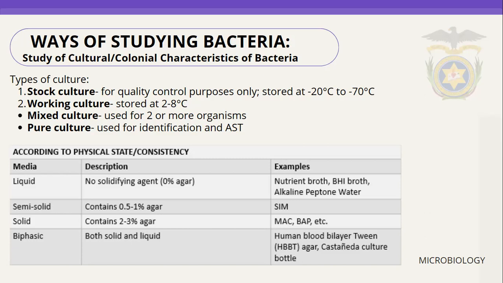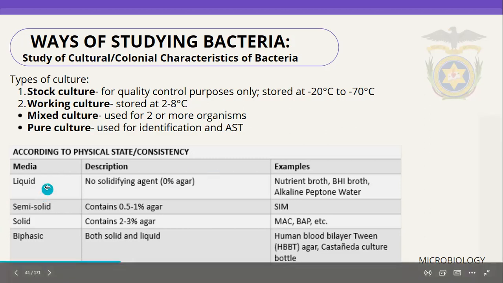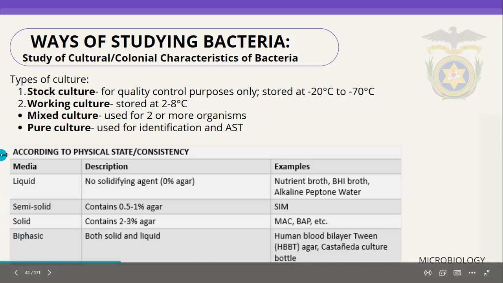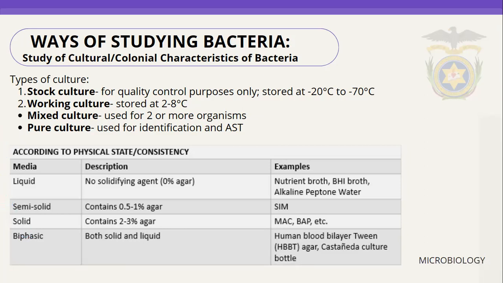So let's talk more about our cultural media. First, we should differentiate them according to their physical state or consistency. Our liquid media have no solidifying agent, or they contain 0% agar. Examples are nutrient broth, brain heart infusion broth, and alkaline peptone water. The next one is our semi-solid media, and they contain 0.5 to 1% agar.